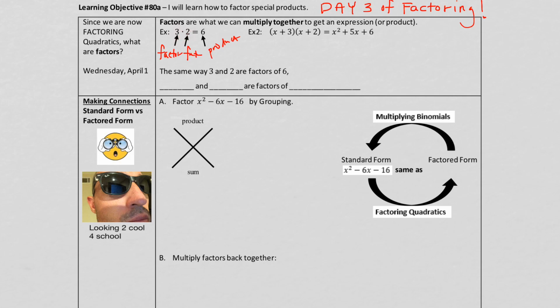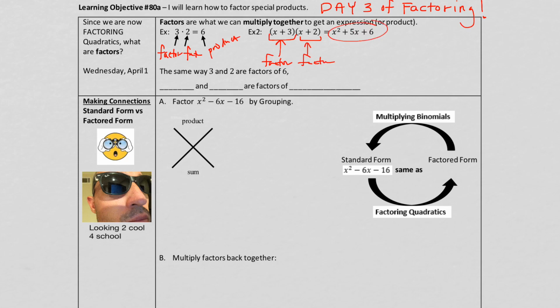In that same way, if I look at example 2, if you look at these two factors here, this is a quadratic expression in factored form. This is the exact same quadratic in standard form. And if I look at it carefully, x plus 3 is a factor of this quadratic in standard form, and equally, x plus 2 is another factor that makes up this quadratic.